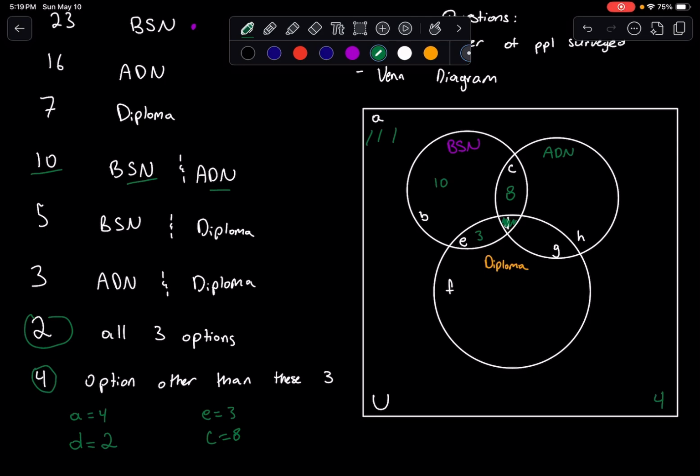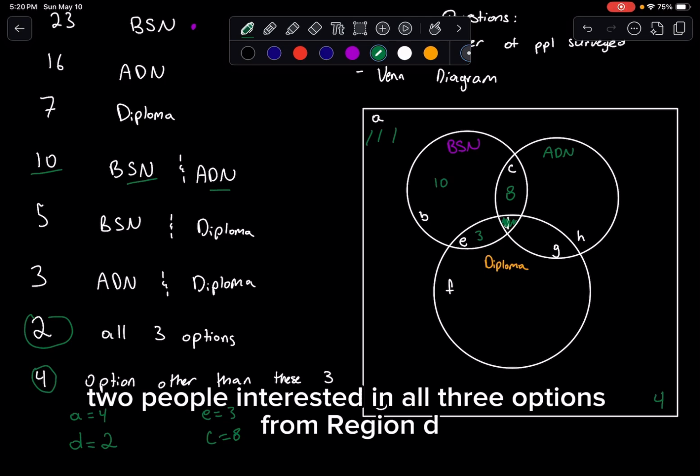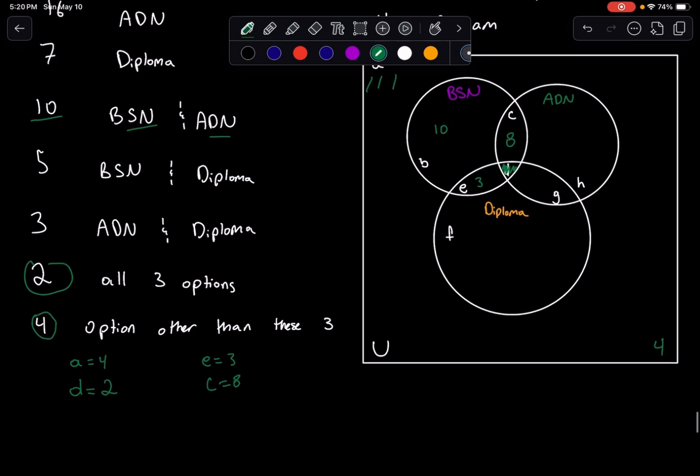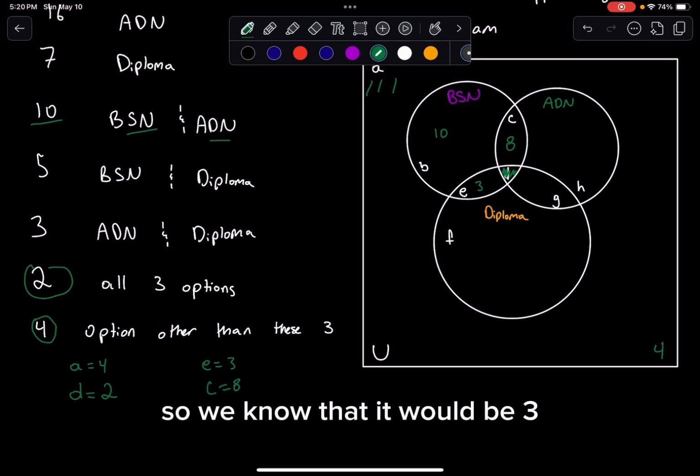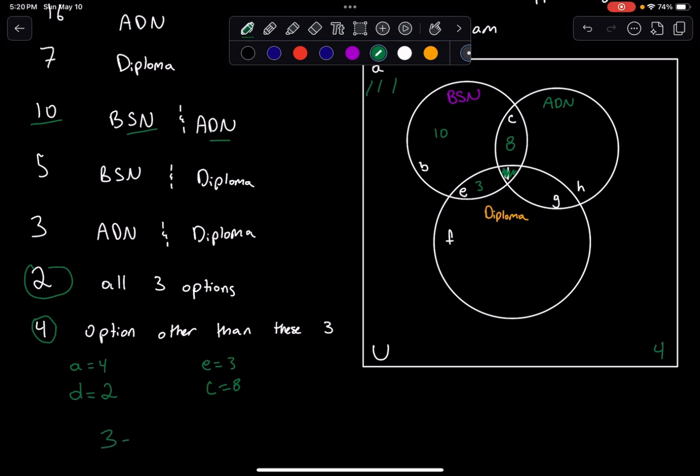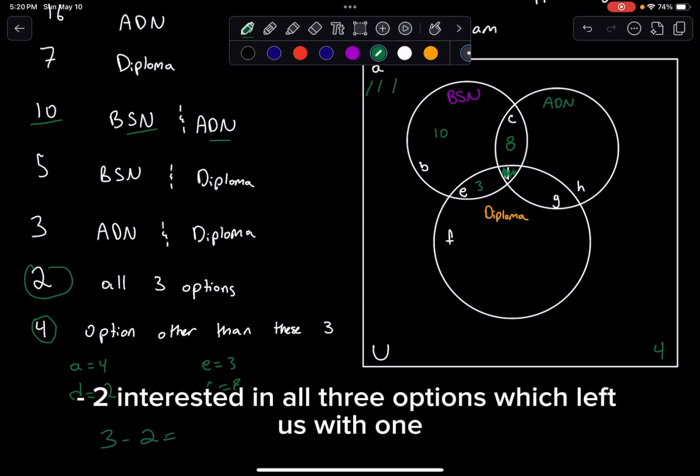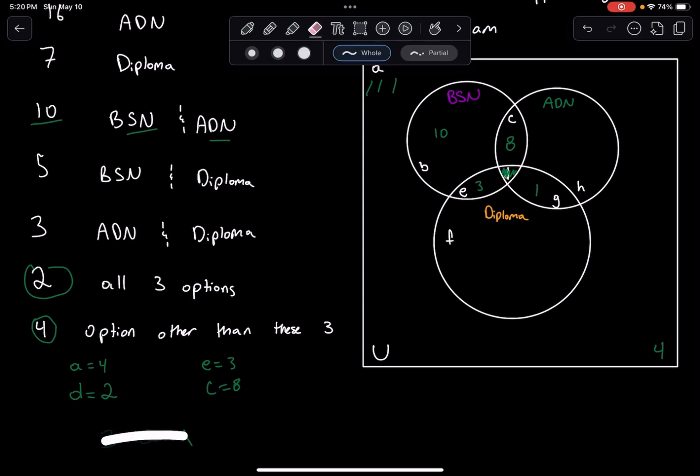Now, we know that there are 2 people interested in all 3 options from region D. So it would be 3 minus 2 interested in all 3 options, which left us with 1 for G.